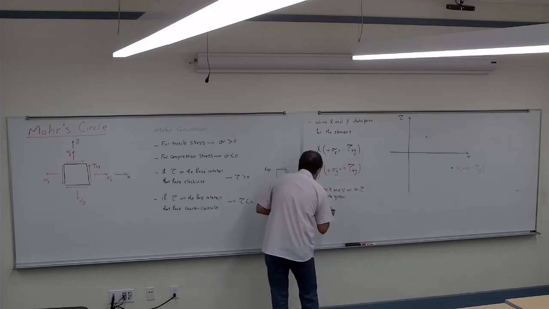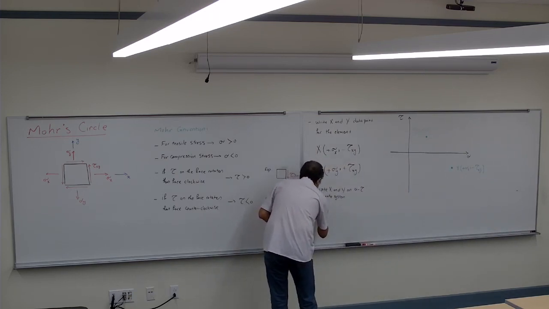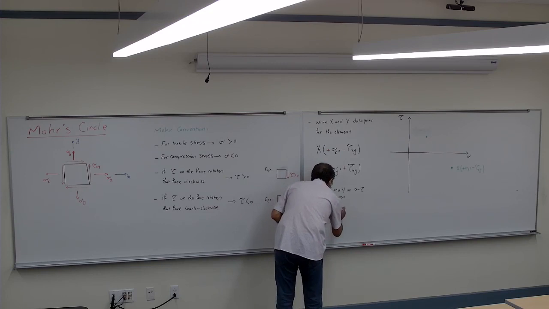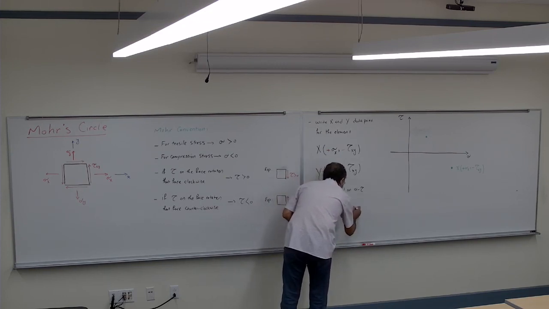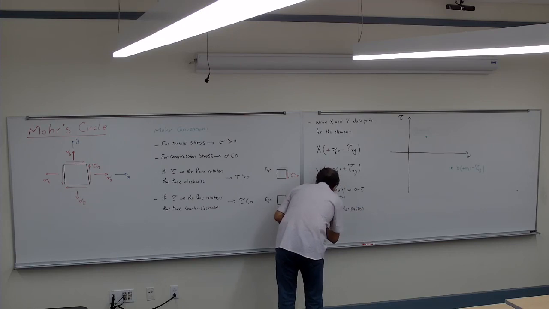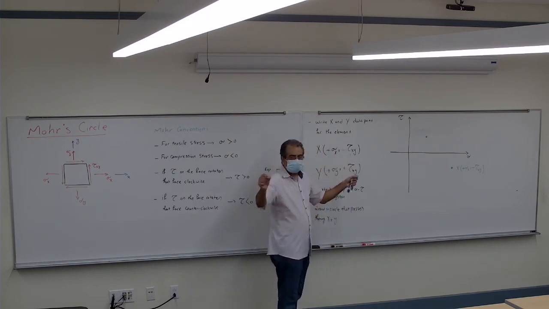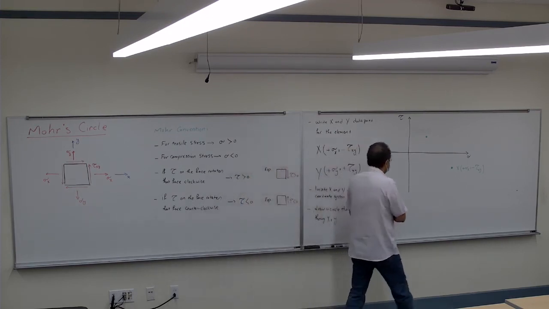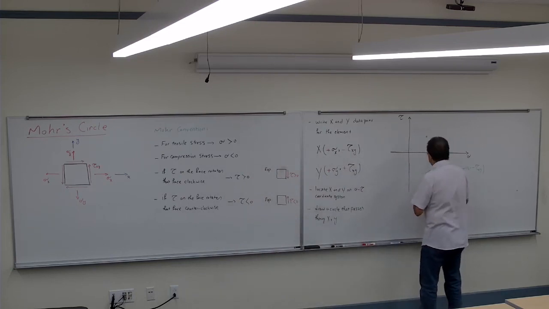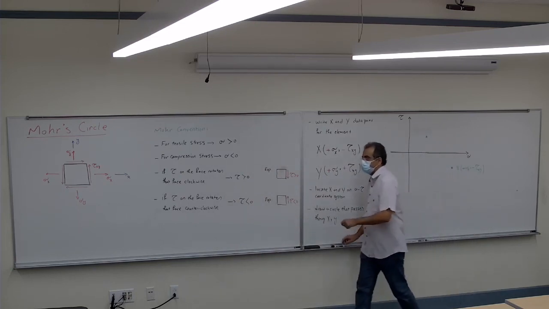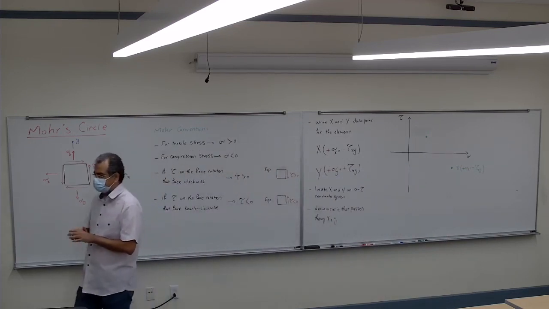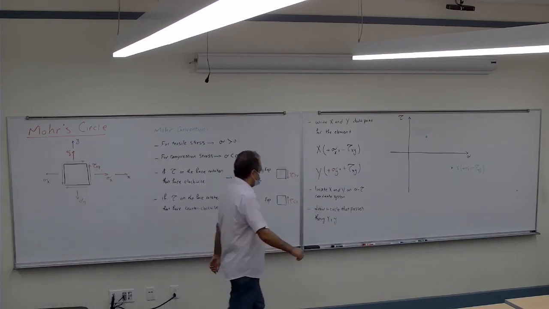Draw a circle that passes through X and Y. So assume X and Y are 2 points on a circle. I'm going to draw a circle that passes through them. This part is a little bit tricky.